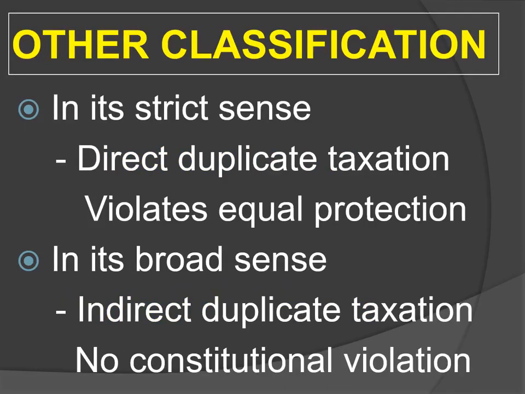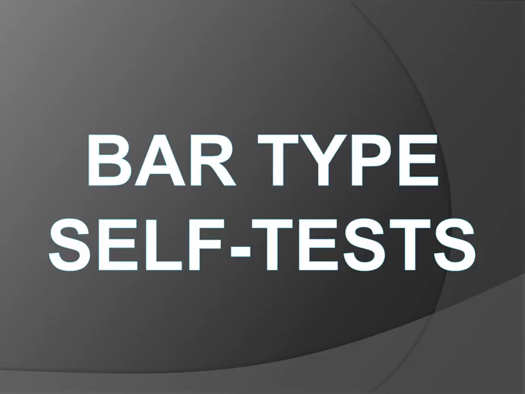You have to pay more. So you have the other names that may be used here. It will be double taxation in its strict sense, known as direct duplicate taxation, or in its broad sense, indirect duplicate taxation, where there is no constitutional violation.